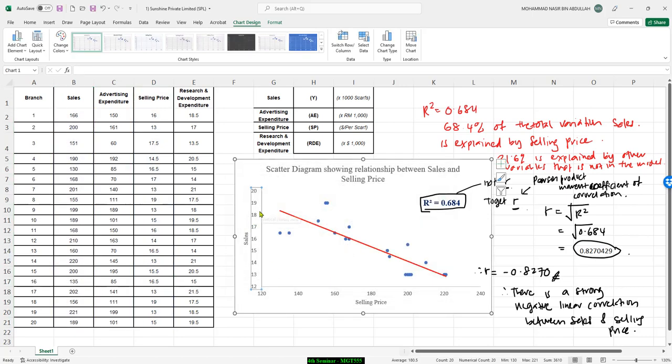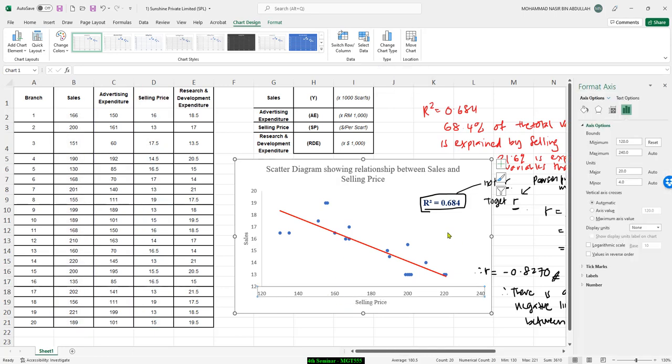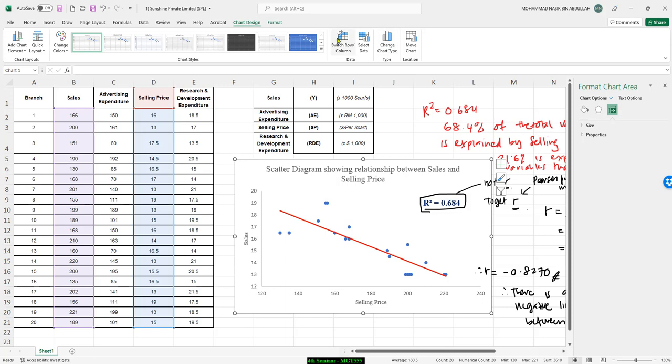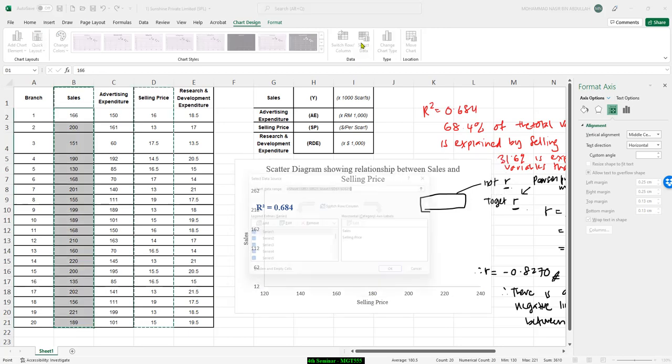Ini sepatutnya represent switch row and column. Kejap, I think select data.